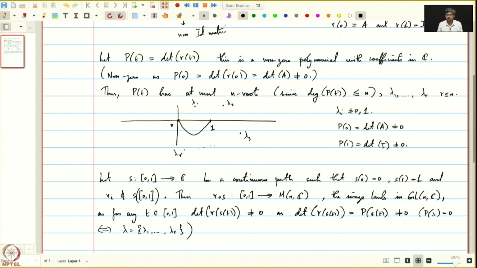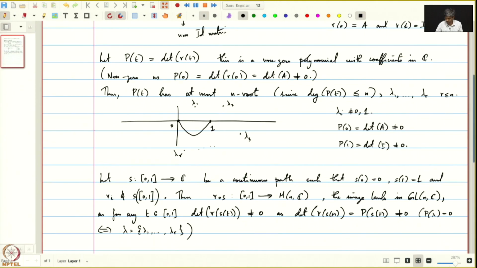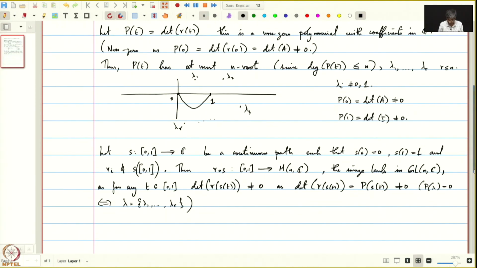And the image of S misses all these lambda_i's, so therefore the determinant is never 0. Thus gamma composed with S from [0,1], the image lands inside GL_n(C), and clearly gamma composed with S at 0 is equal to gamma(0), which is equal to A, and gamma composed with S at 1 is equal to gamma(1), which is equal to identity, right?